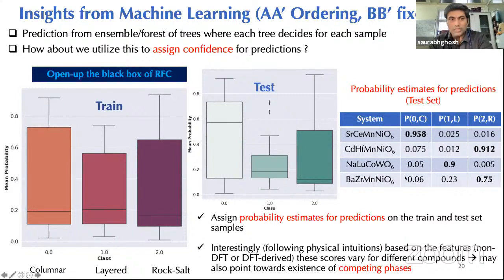From this probabilistic model, we can see that these strontium, cerium, manganese-based systems don't want to form in layer ordering. However, for these sodium, lutetium, cobalt, W systems, the probability of forming is high, so they can form in layer ordering, which is also supported by our previous results.